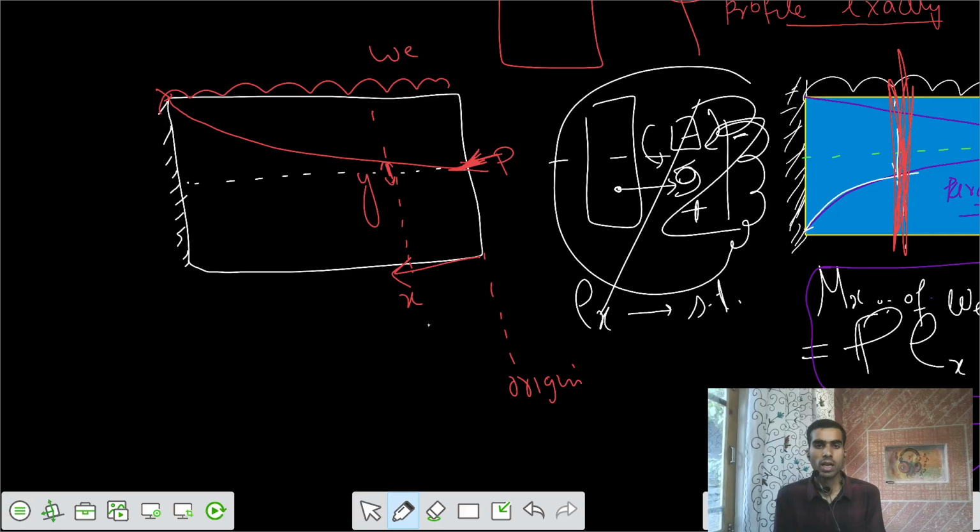At that section, my cable profile is in this way, such that there is some force of P, and some value of y here, and there's some UDL. There's some moment caused by that UDL, clockwise W, and this is some length of x.